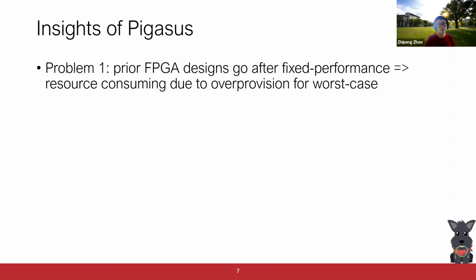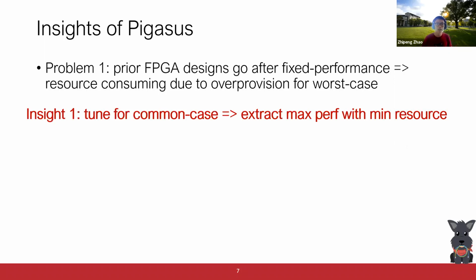Therefore, it could be very resource consuming. Our first insight is that we should tune for the common case. We need to allocate more resources to improve the common case traffic performance while handling the uncommon case in a resource efficient way. And this makes it possible to extract the maximum performance using minimum resources.